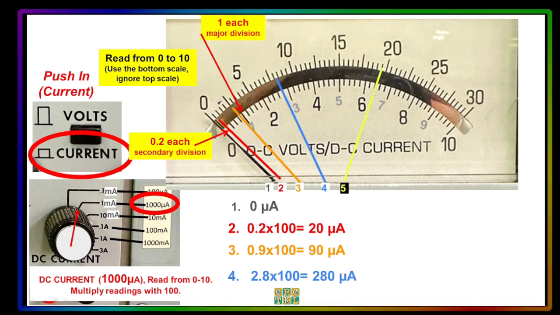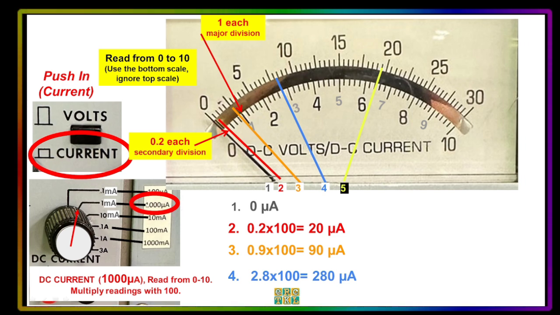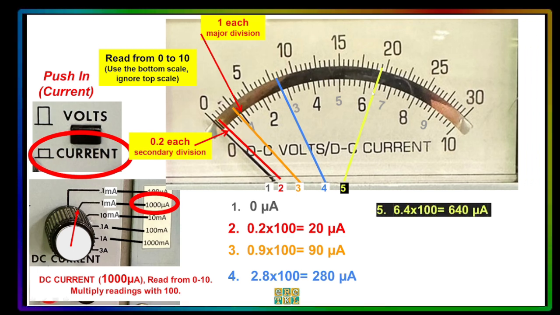Again, as you can see, for number 5, look, 6.4 is still the same, 6.4, but because you put it into the 1000 microamperes limit, we have to make the 6.4 multiplied with 100. And so, our correct answer reading will be 640 microamperes.